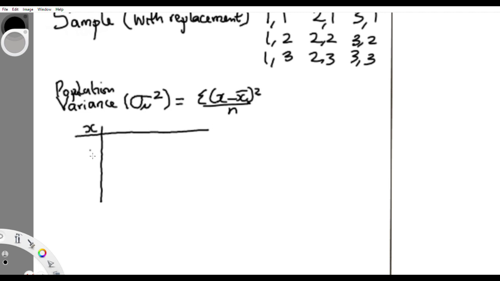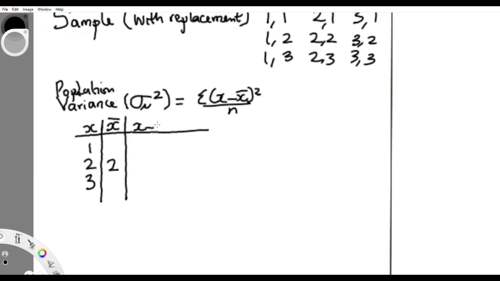In order to keep your workings neat, you can use a table even for ungrouped data. Now we need to know the x bar, and remember x bar is the mean, and the mean for this is 2, if you remember from the previous video.